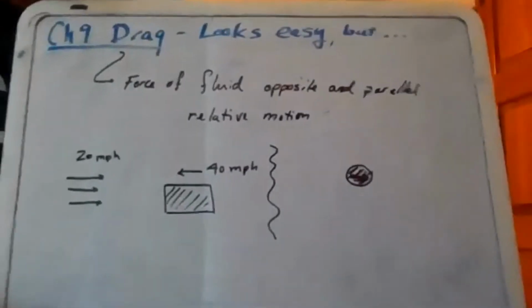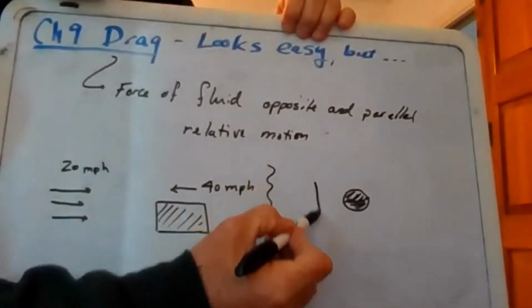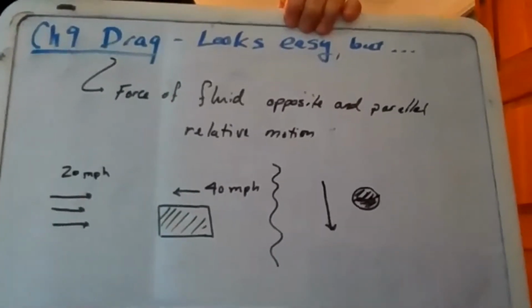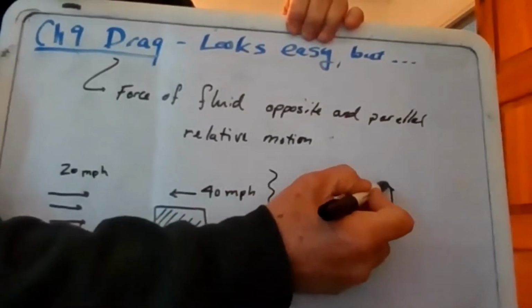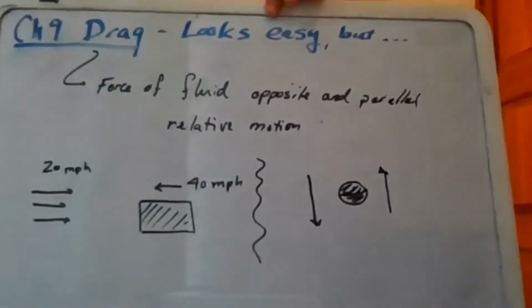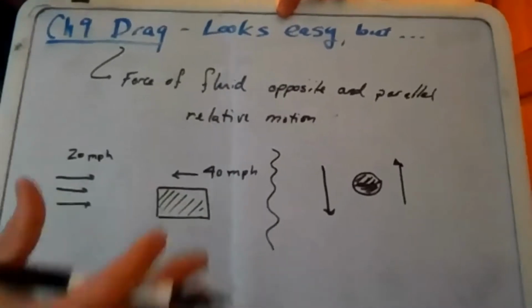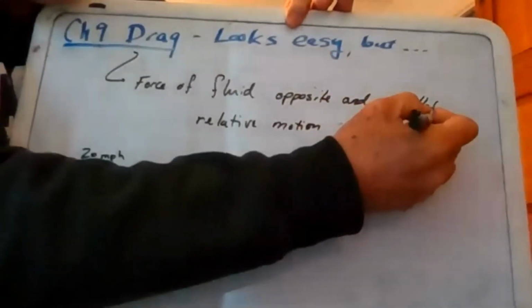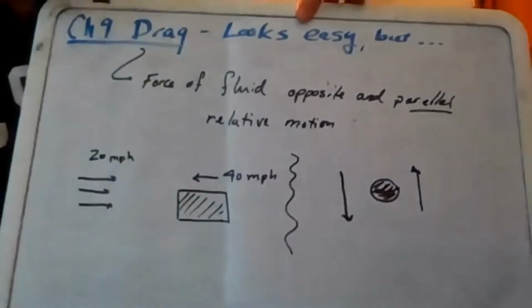All right, hey, what about a falling object? What about the drag on that? So let's imagine that this is going down, say at 20 feet per second. Well, what direction is the drag? Hopefully your intuition is there's going to be a drag force that's up. But some of you might say, wait a minute, isn't that lift? Isn't that up? Well, once again, that parallel idea is really important. Drag is parallel to the direction of motion.